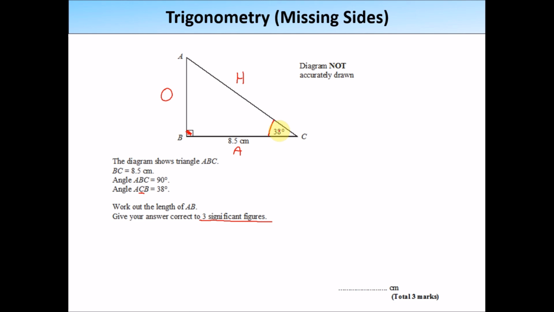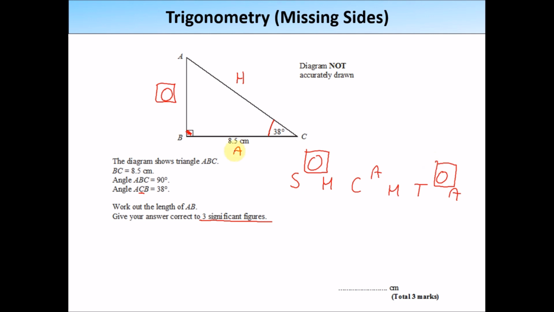So I'm using trigonometry, and most of you would have been taught using SOHCAHTOA. The way in which I would teach this is, the first thing I'm going to do is put a box around whatever we're trying to find. So if I'm trying to find side AB, I need to put a box around all of the O's. I'm then going to put a circle around anything I know.